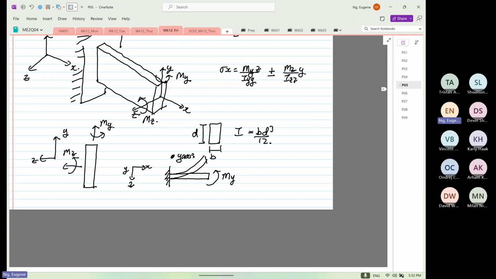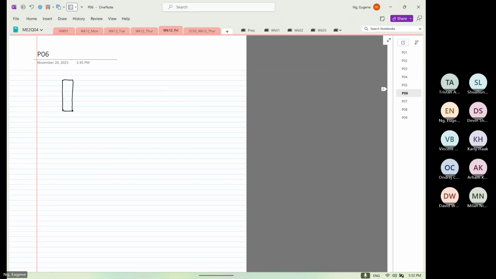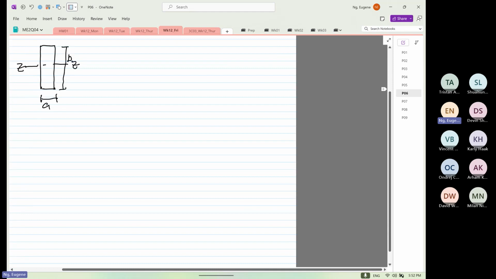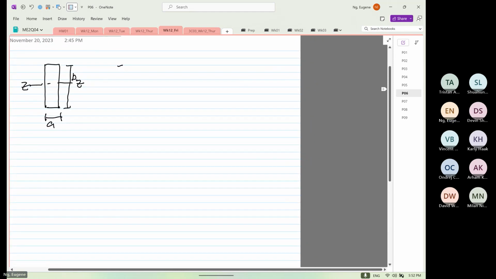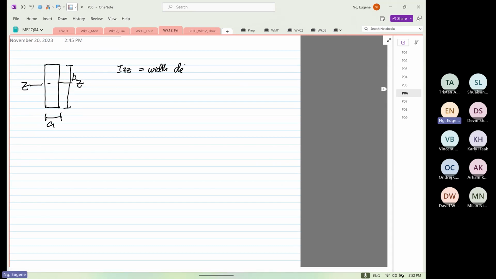So if we look at our structure, this is our what? ZZ. Okay. I call this my A. I call this my B. Okay. So when I do Izz, you have width multiplied by depth cubed over 12. Okay.